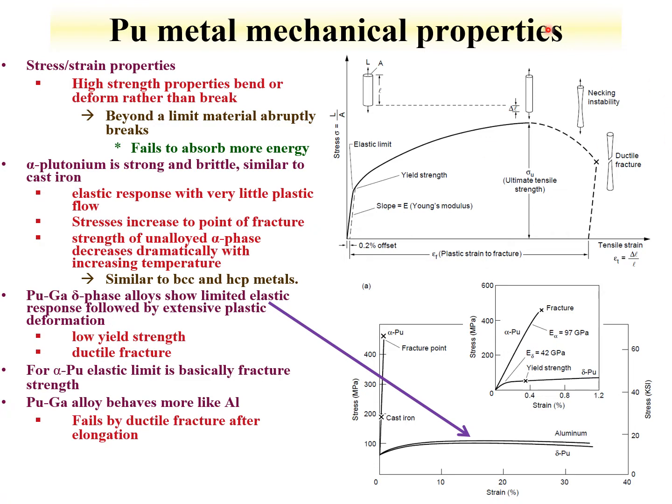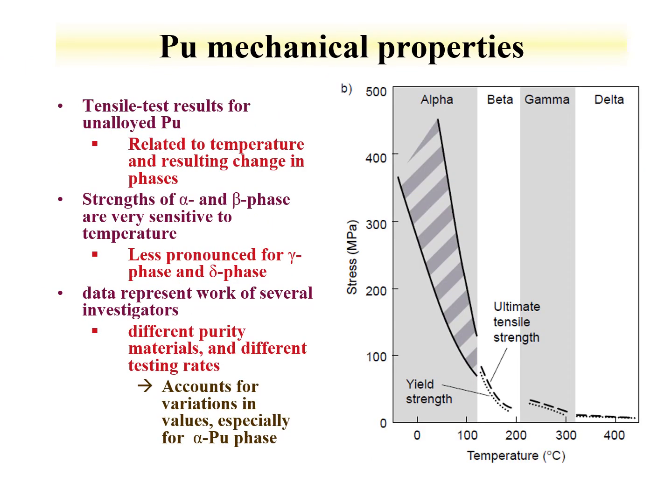An example, for those of you who have not seen stress-strain relationships, is shown up here. The influence of temperature on the strengths of plutonium phases has been examined, and it's found that the alpha and beta phases are very sensitive to temperature, as we see that the stress changes dramatically as a function of temperature, whereas the gamma and delta phases over here show a less pronounced change.